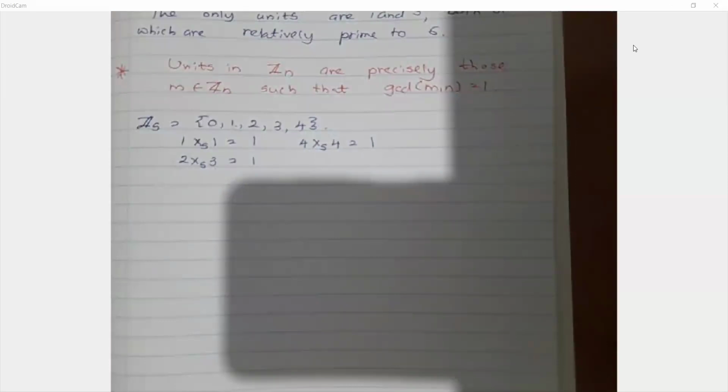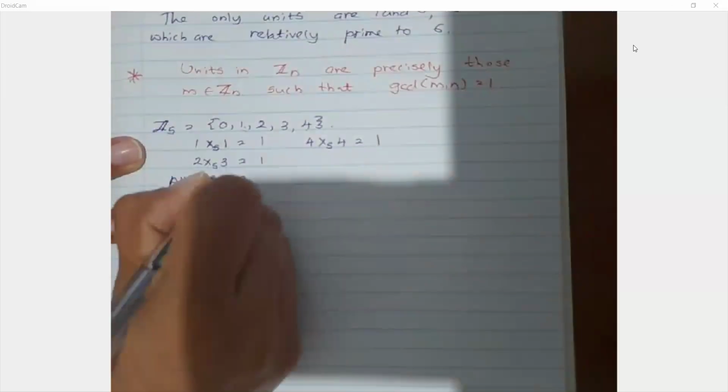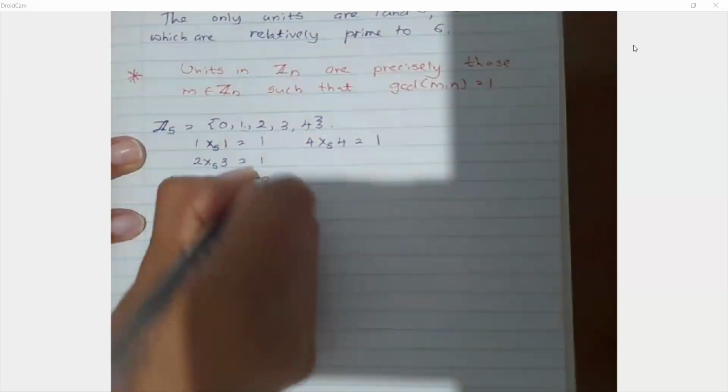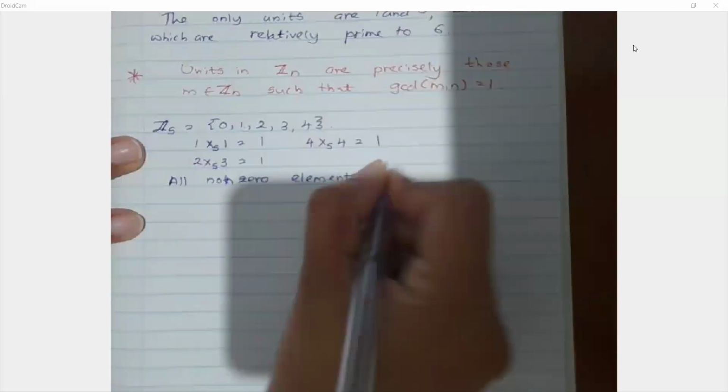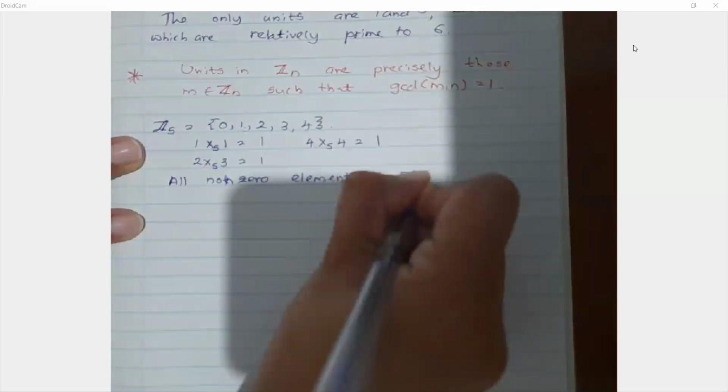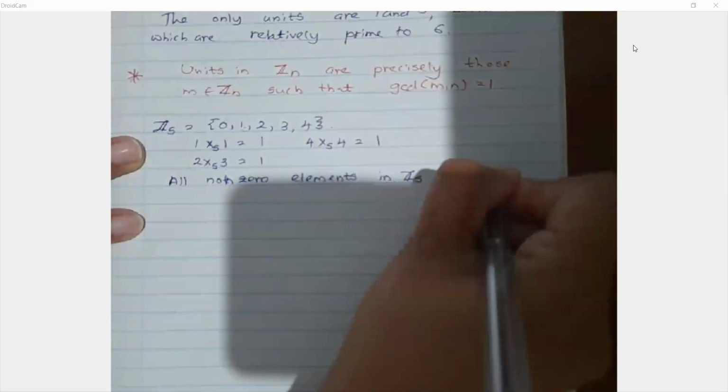Therefore, it's a division ring. By definition, Z5 is a field, right? So let me write all this information. All non-zero elements are units.